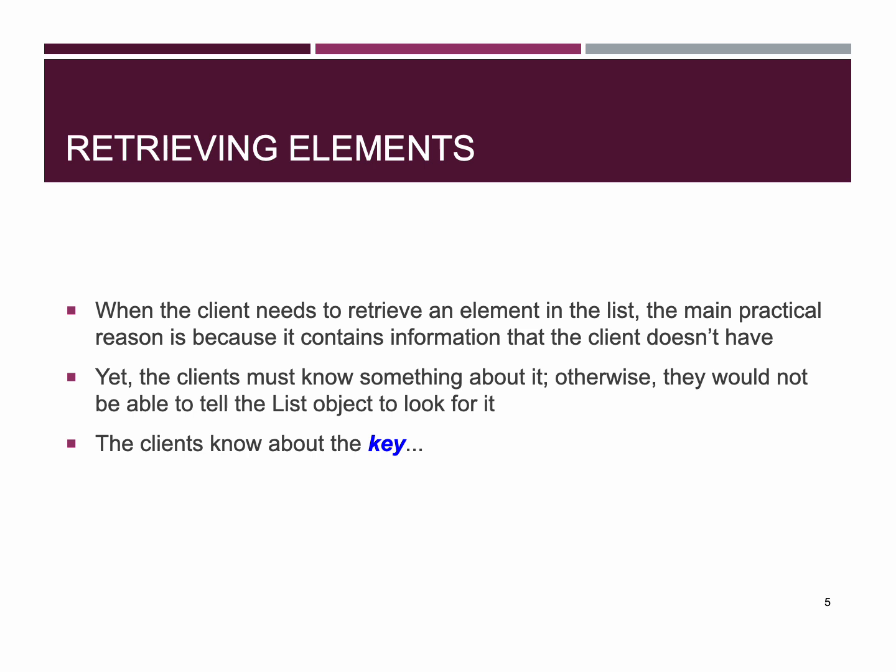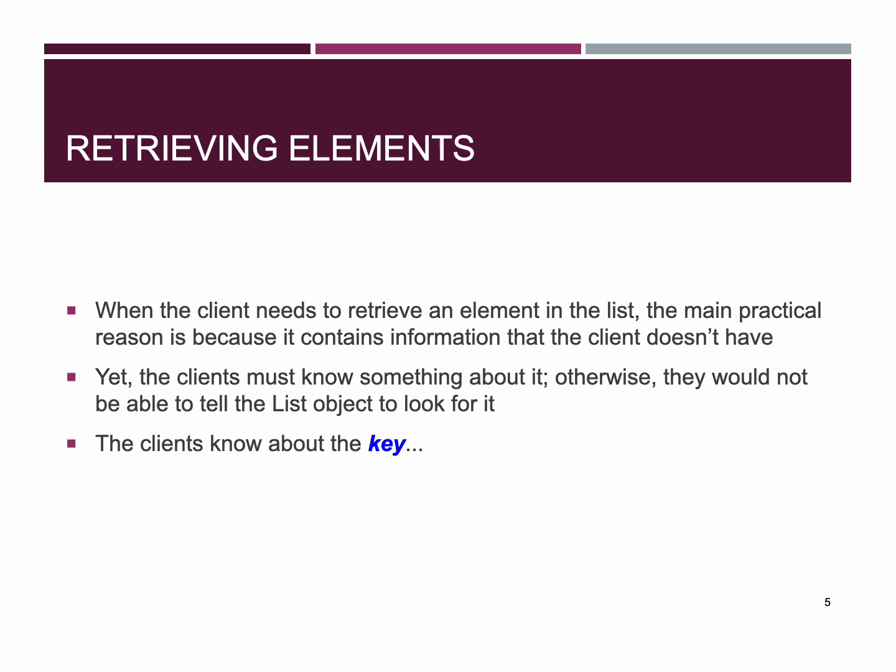This leads us to the concept of the key. The key is some unique piece of information that identifies the element the client is looking for. Without knowledge of this key, the list object would not know what to search for. So the client needs to provide the key, which allows the list to locate the desired element and return it.